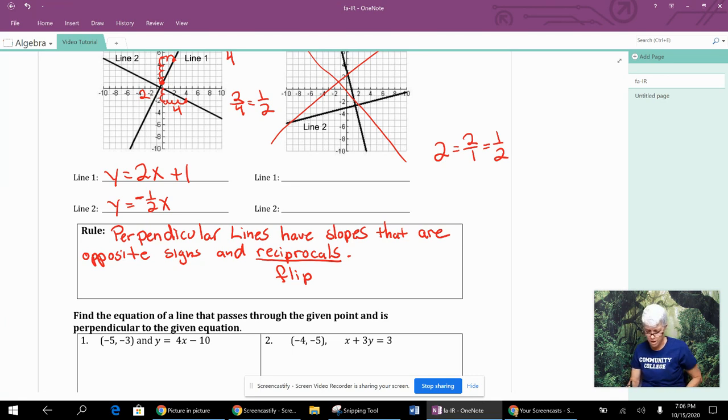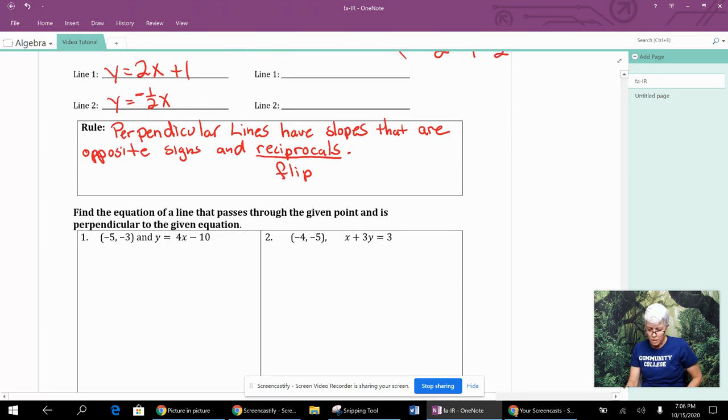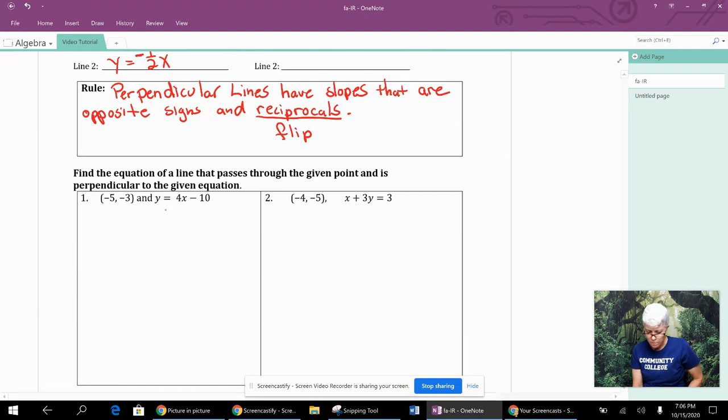So let me move on from here. On this very first one, it gives me the slope. It says that the slope is 4. So if I flip it and change the sign, the perpendicular slope would be -1/4. Now, it wants me to write the equation of the line.